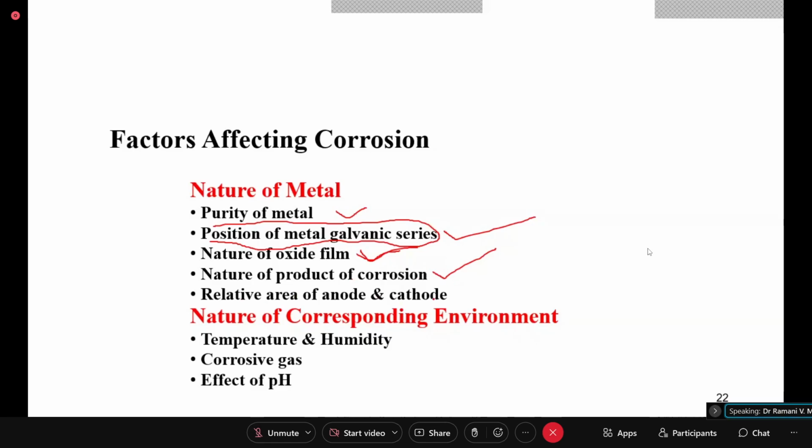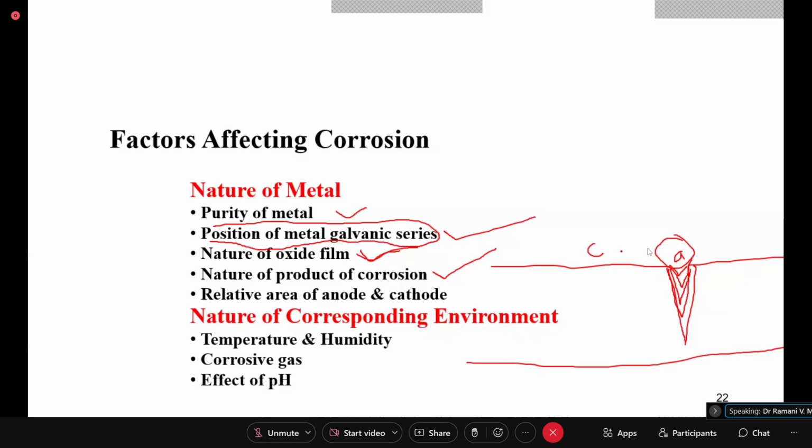Relative areas of anode and cathode. A large cathode area and a very small anode area will lead to very intense localized corrosion, and it is termed pitting corrosion. So the danger is more if the area of the anode is small and the cathode is large, compared to a metal with a large anodic area and very small cathodic area.